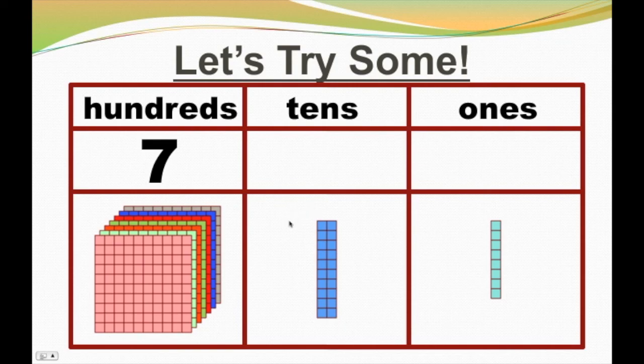Well, that's pretty straightforward. There are 1, 2 tens. Therefore, I'll put a 2 in the tens place. And how about my ones place? Well, I've got 1, 2, 3, 4, 5, 6, 7, 8 ones. So I'll put an 8 in the ones place. And that gives me my number 728.